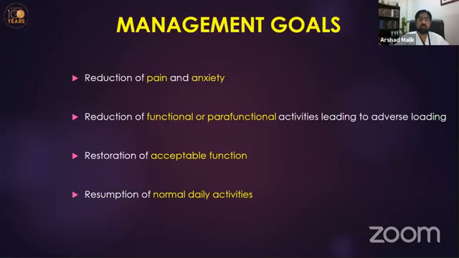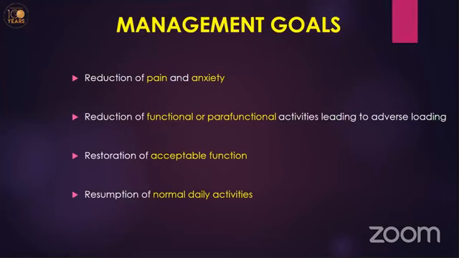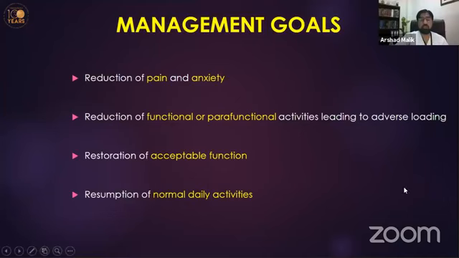That means you have controlled the disease, but in such a way that the patient is not able to perform normal activity. So you have to monitor your treatment in such a way that the normal activities of the patient remain right there.